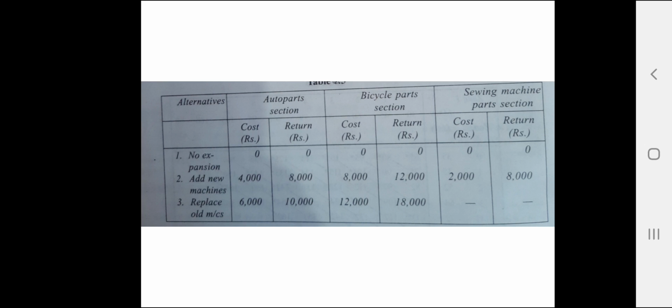So for the automobile part the third case, for the bicycle part the third condition, and for the sewing machine the second condition. By choosing this expansion plan, you can get an optimum return of 36,000.